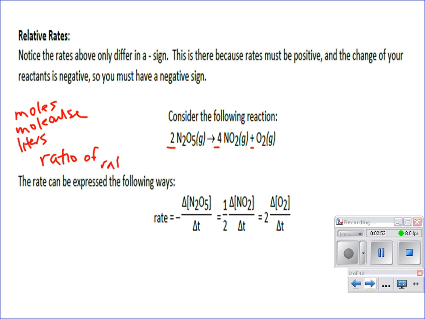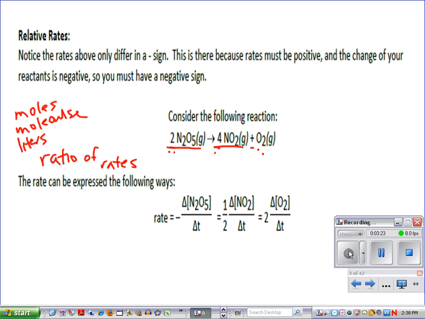So it is fair to say that since there's a 2 in front of N2O5, it is going to disappear at half the rate that NO2 appears. NO2 is going to appear twice as fast as N2O5 disappears. It's a 2 to 4 to 1 ratio. O2 is going to appear half as fast as N2O5 disappears. So you can look at all these as ratios of rates.